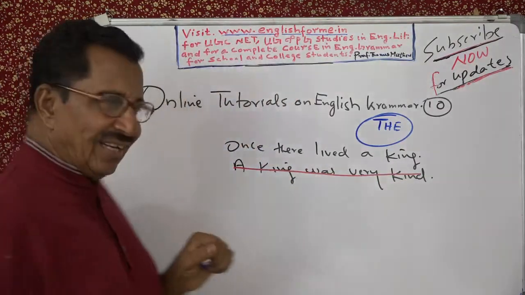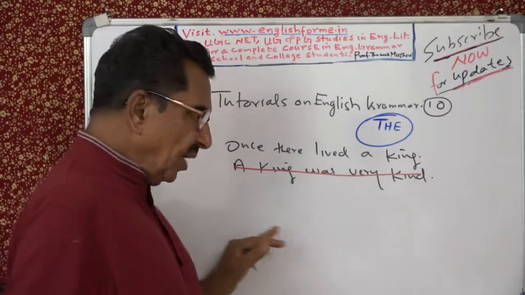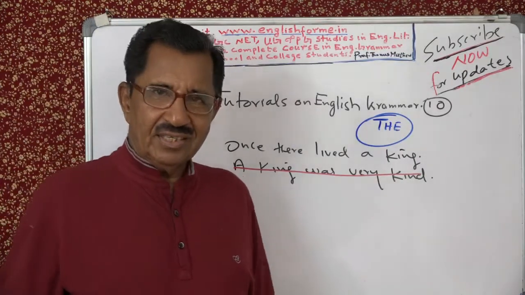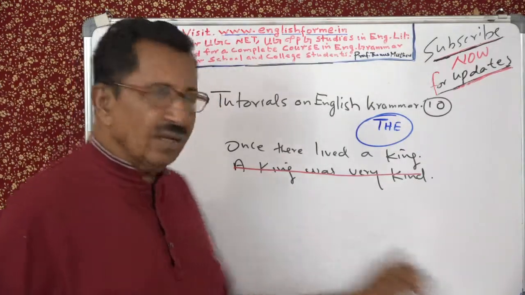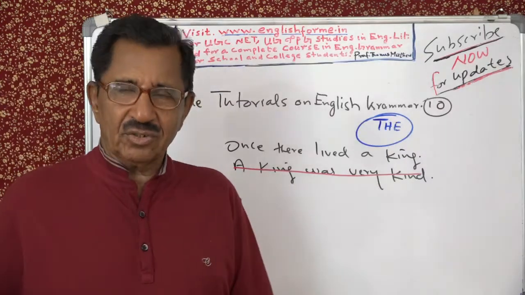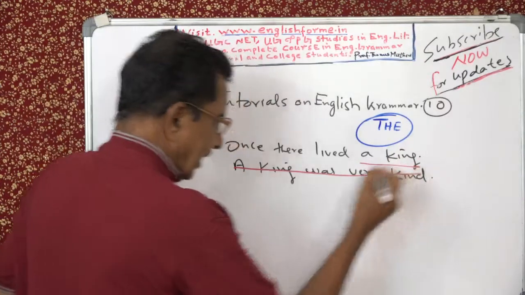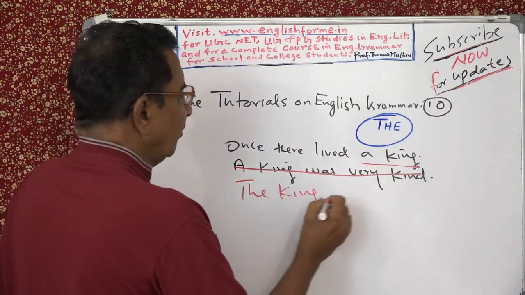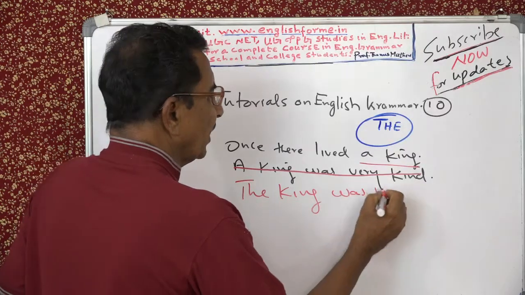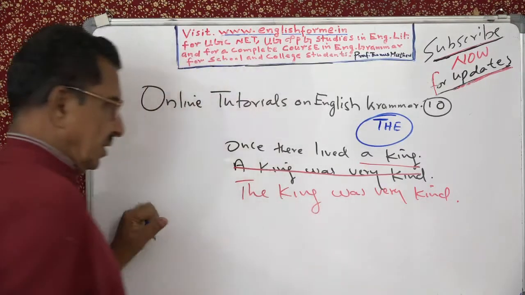It will be another sentence with no connection with the first one. But if you want to connect it with the first one, continue the story. If you want to continue the story, then what do you have to do? You have to say, the king was very kind.